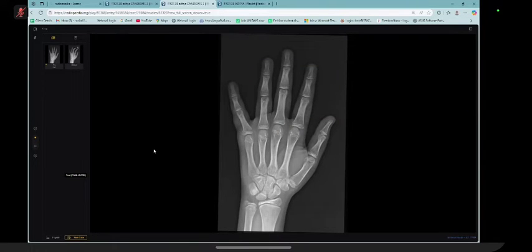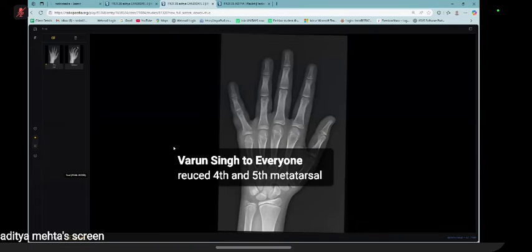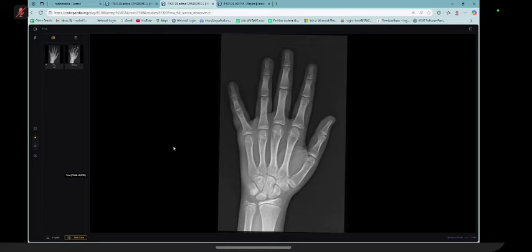Just stopping you. Are you able to see this angulation? Okay. There is some lucent line involving the proximal metaphysis of the proximal phalanx, and I think there is also surrounding soft tissue swelling.